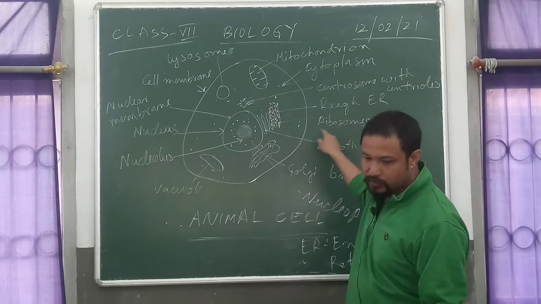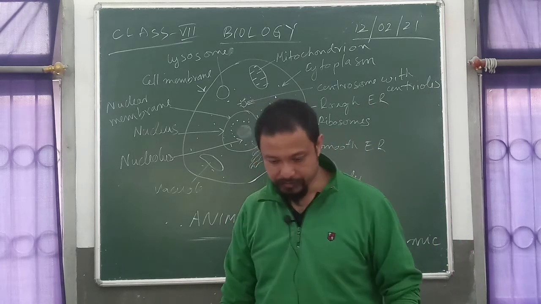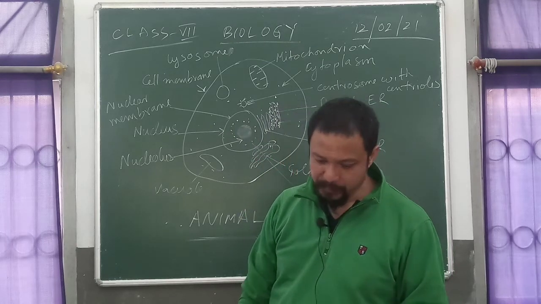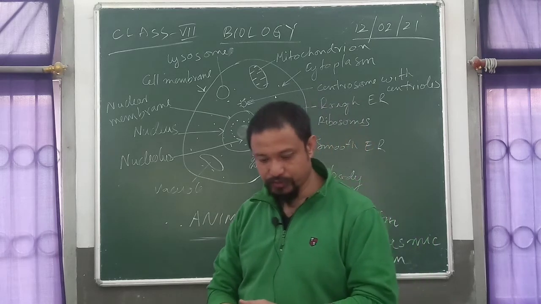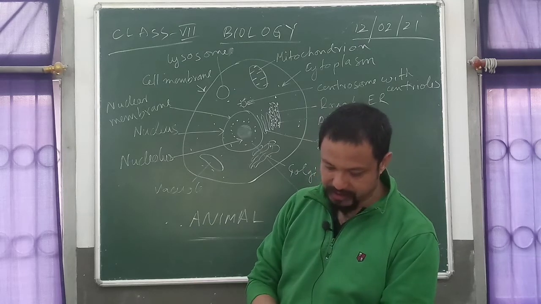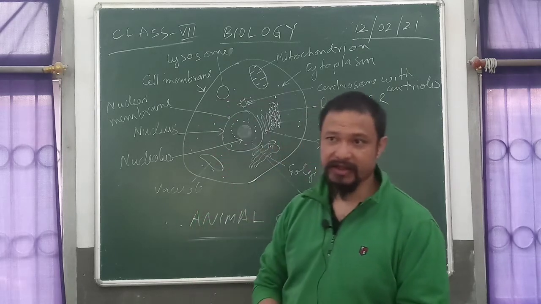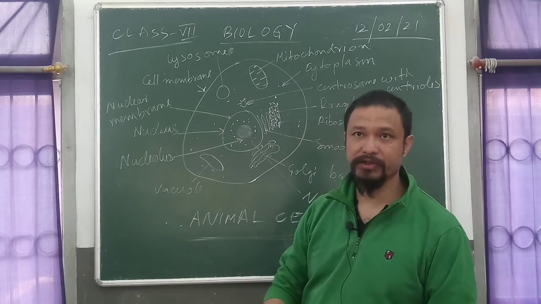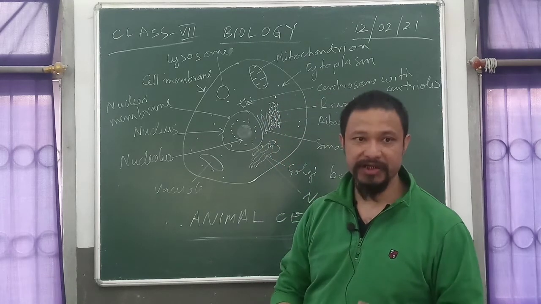Though both of them have the name endoplasmic reticulum, the functions are a little bit different. The smooth endoplasmic reticulum does not have ribosomes, so other substances are produced in it. What do I mean by other substances? They make lipids, which are fats, and steroids. In higher classes you'll be talking about steroids, hormones, different types of hormones which bring about a change in the body.